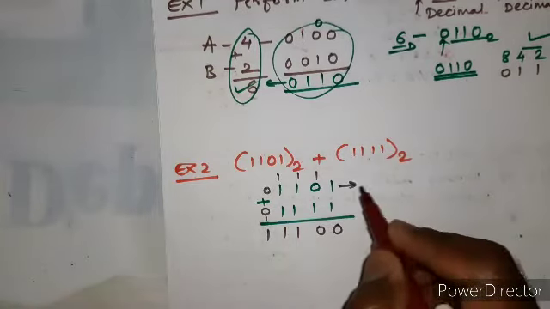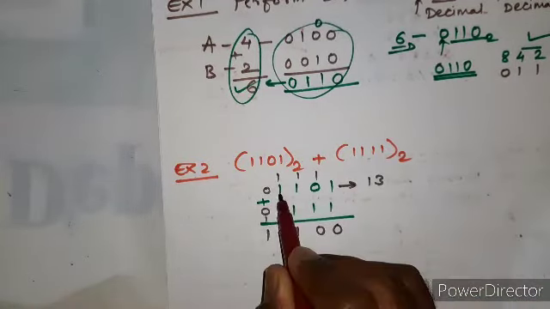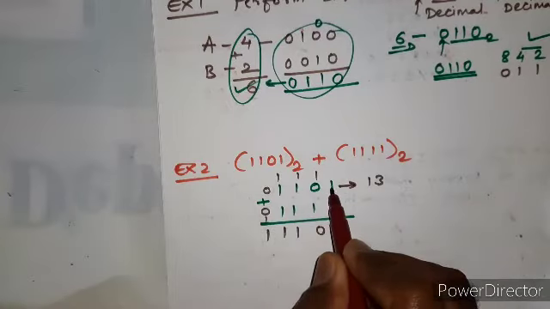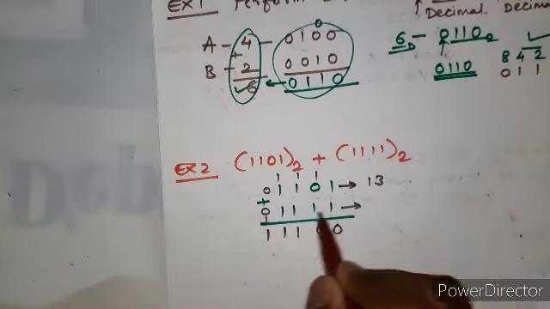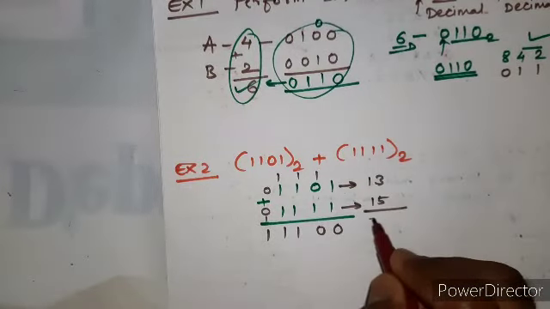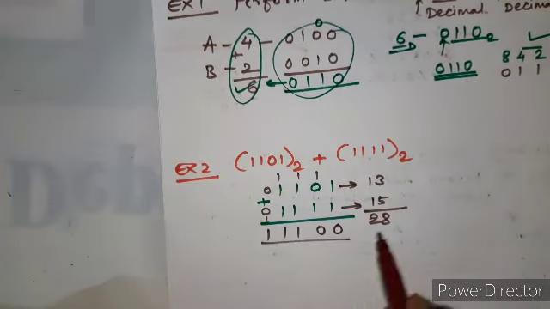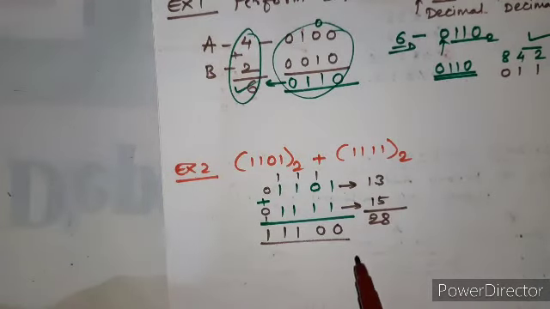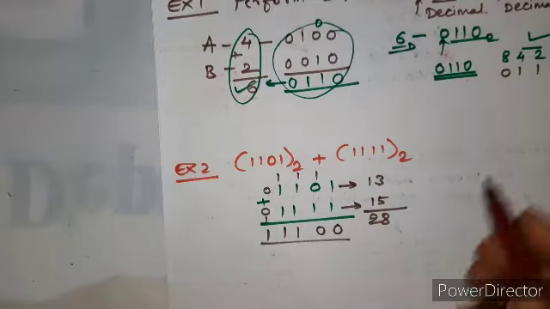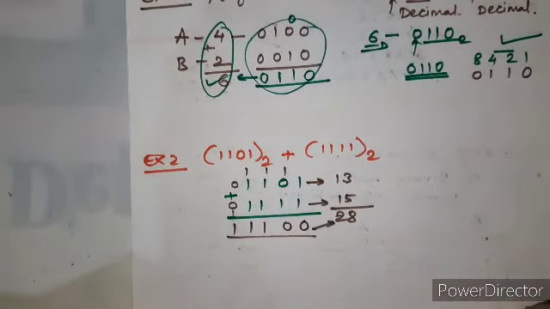Now if you see this, it is 13, because 8 plus 4 is 12 plus 1 is 13, and all are 1 means it is 15, and then we can add this, so it is 28. Now here we have got this 11100. Let us verify that it is equivalent to 28.